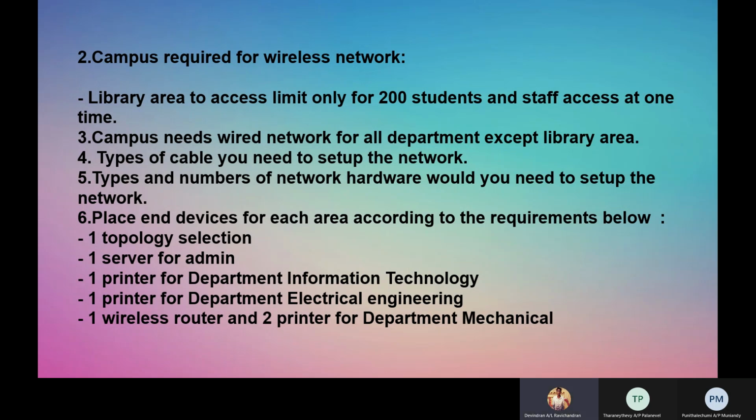Types and numbers of network hardware you need to set up the network. Place a device for each area according to the requirements below. One topology section: one server for admin, one printer for department information technology, one printer for department electrical engineering, one wireless router, and two printers for department mechanical.